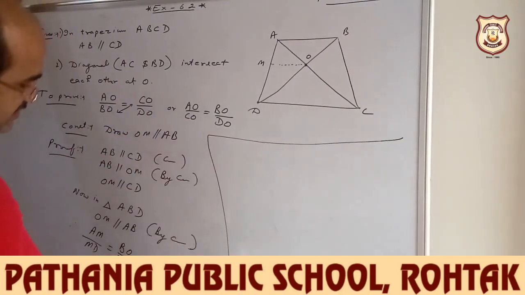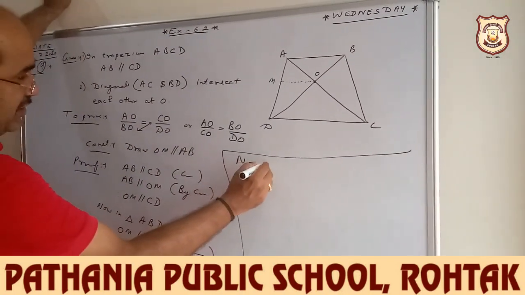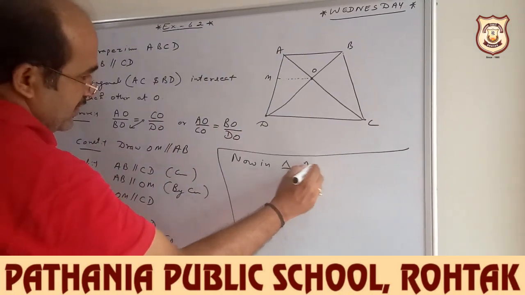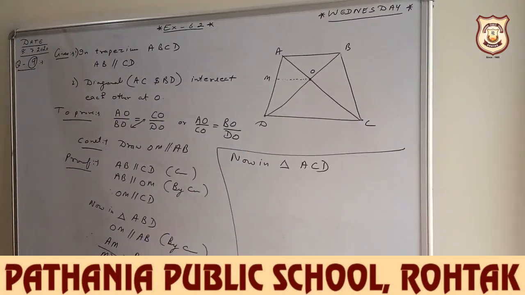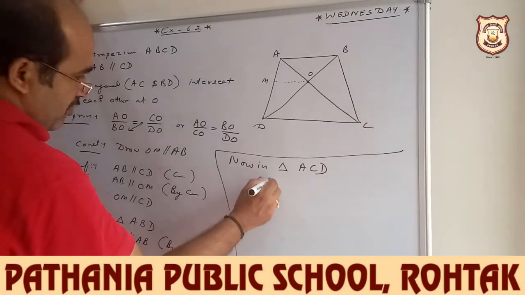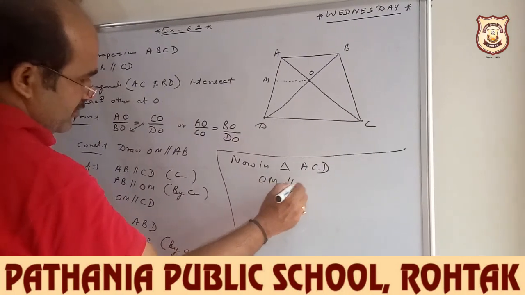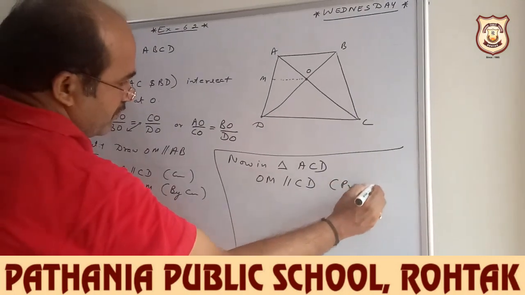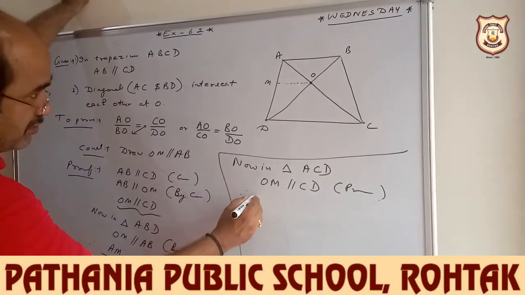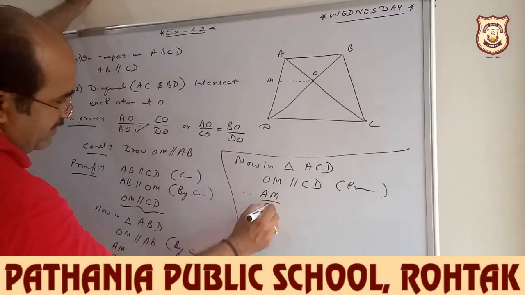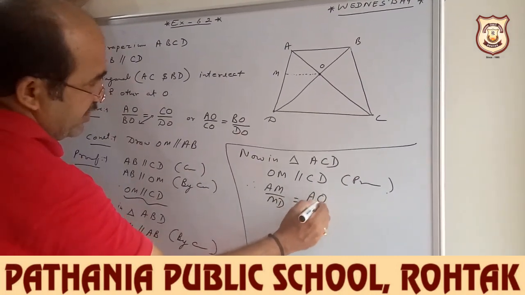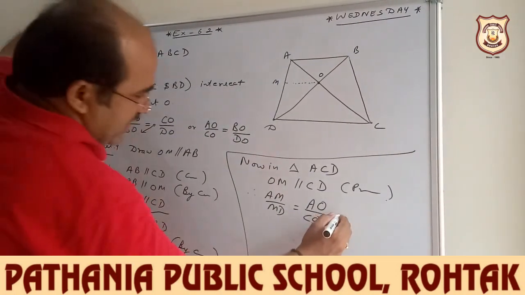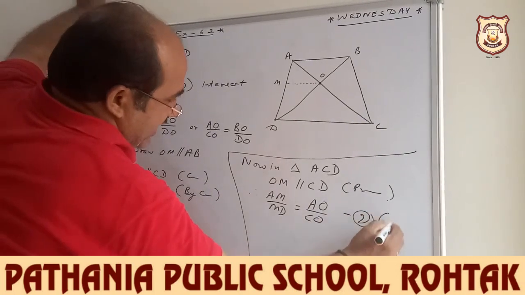Give reason by BPT. After this, now in triangle ACD, OM parallel to CD, proved above. Therefore, AM upon MD equal to AO upon CO. Why?